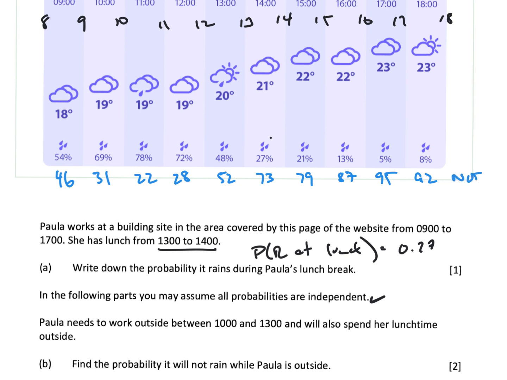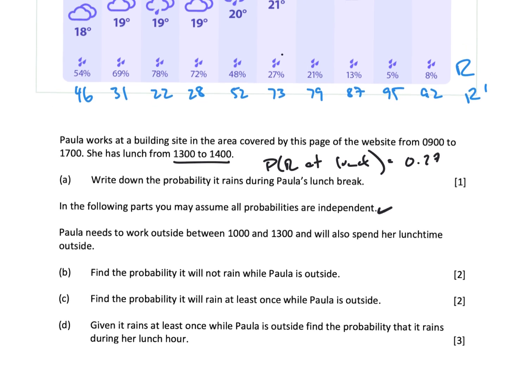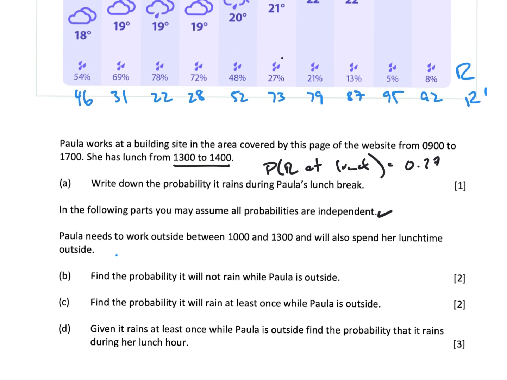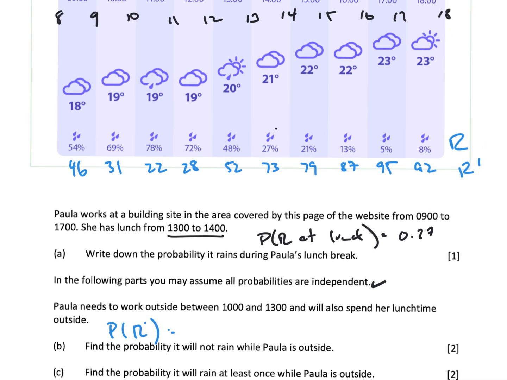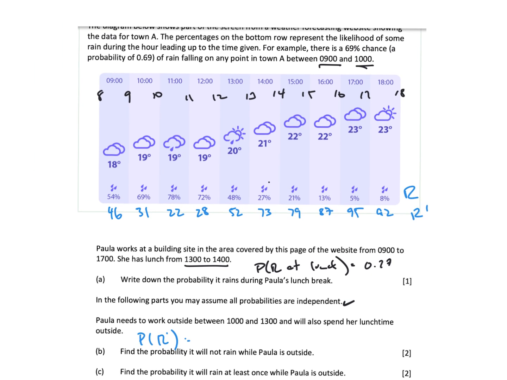So if I use good notation for that, let's say not rain, and rain. So find the probability it will not rain while Paula is outside. Well, the probability of not raining is going to be, she's there from 10 until 1 o'clock, so that is going to be from 10 until 1.